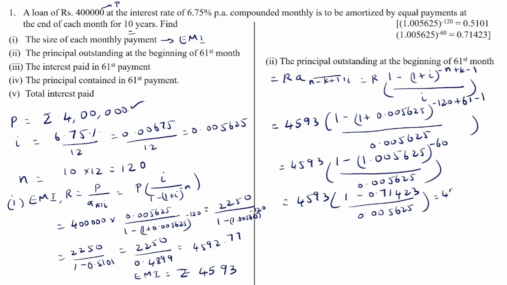So it is 4593 into 0.28577 upon 0.005625. It is 4593 into 50.803. So when we simplify, we get 2,33,338.